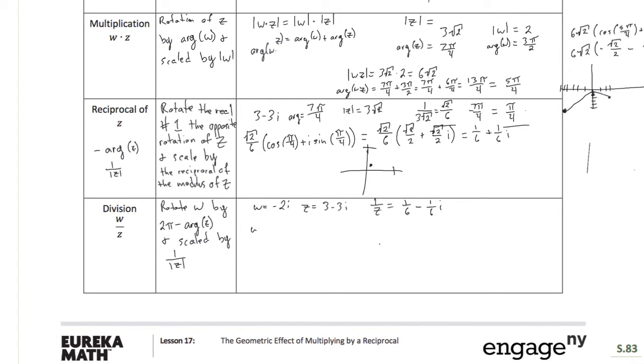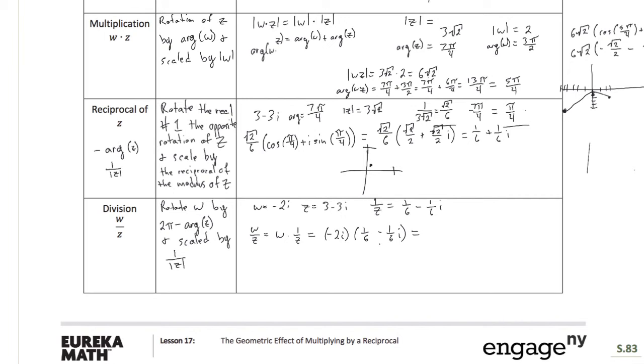And then I'm just going to multiply. So W over Z is the same thing as W times 1 over Z. So that's just going to be negative 2i times 1 over 6 plus 1 over 6 i.